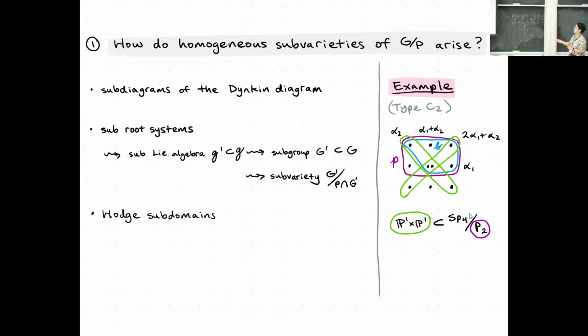The blue part is the Borel, the positive roots, and the bigger circle for the P determines the parabolic that you're quotienting by. The green two diagonals are this P1 cross P1. You want to think about P1 as SL2 mod upper triangular matrices.